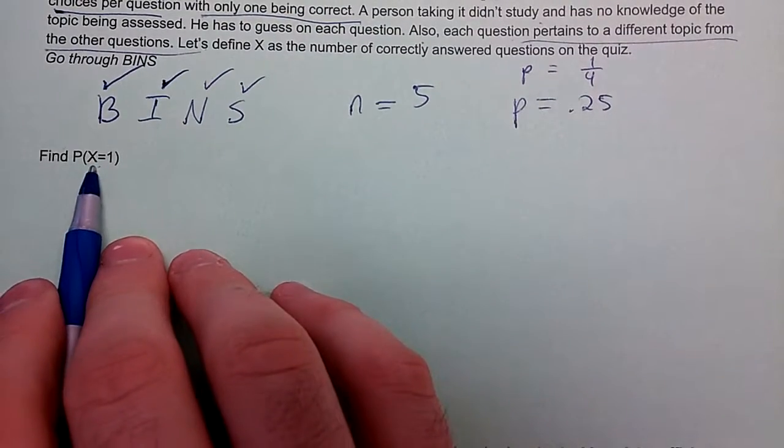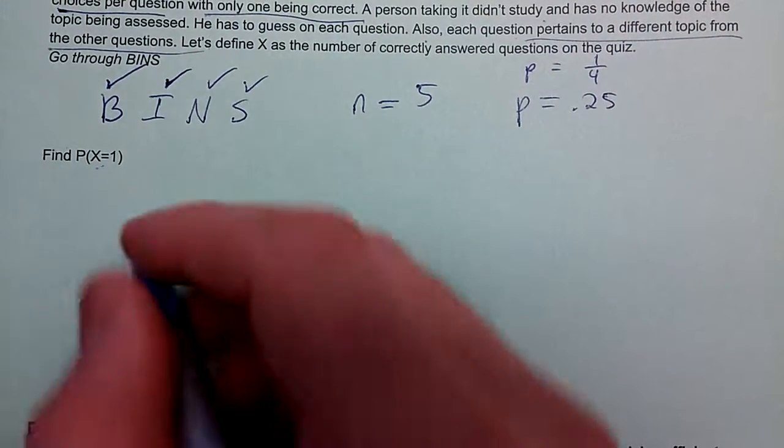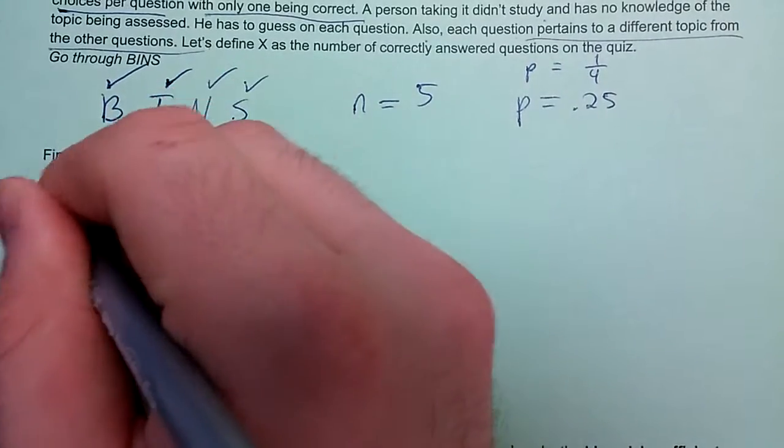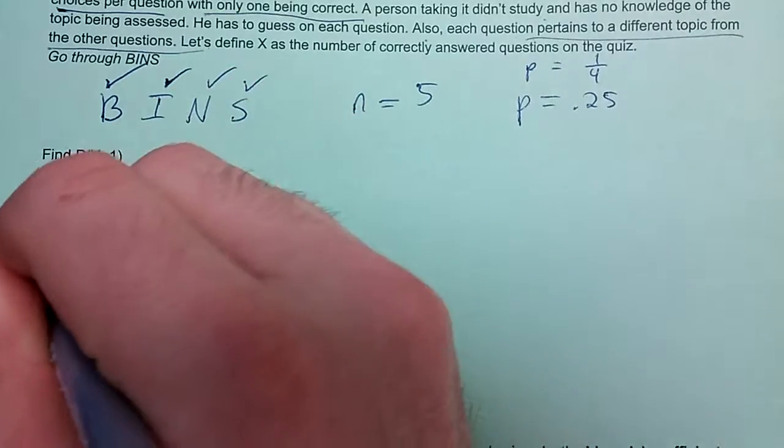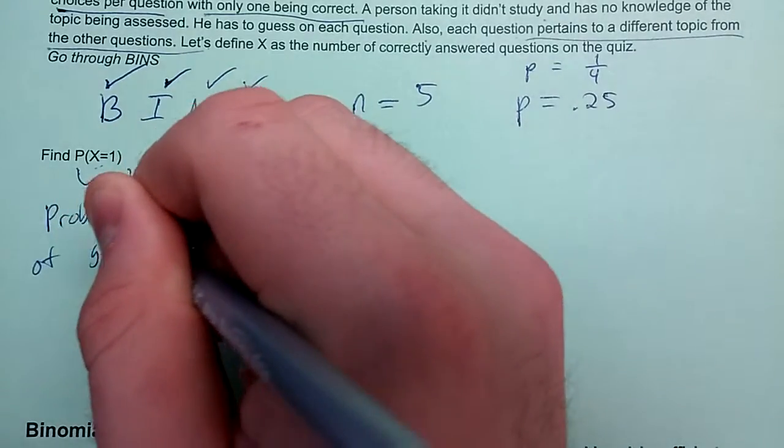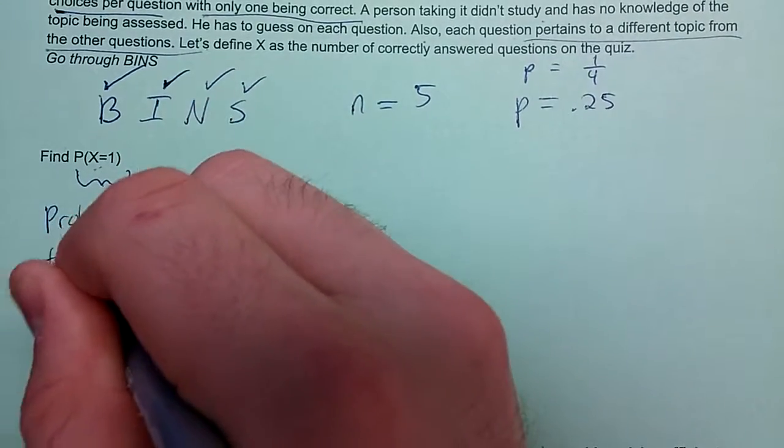So let's find the probability of getting 1 right, or X equals 1. Let's write that as a sentence. Probability of getting exactly 1 correct.